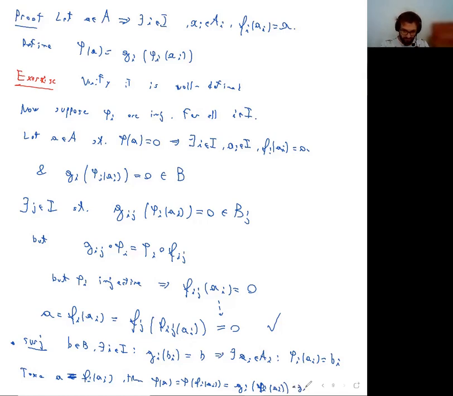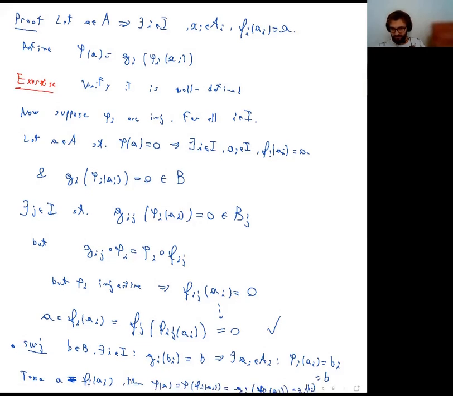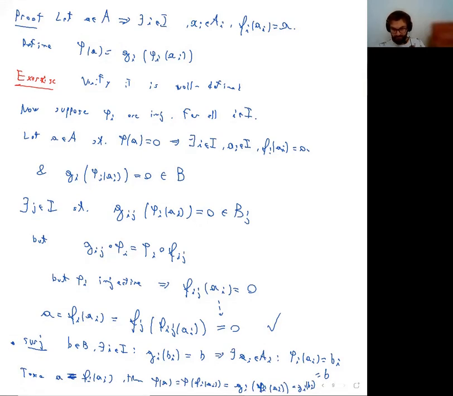So this is G_i of B_i, but this is nothing but B. So this one is easier. So the nice thing is that this morphism of directed systems of R_i modules behaves well under this direct limit.